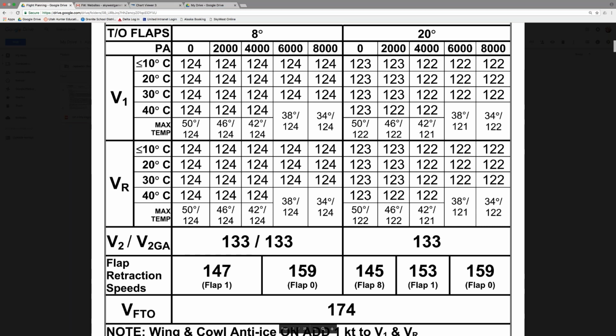But we see that all the time. It's pretty common at least for our planes. Anybody who flies the CRJs, or really any plane, that happens to a lot of different planes, but you'll see it for sure at least a couple of times every single year.